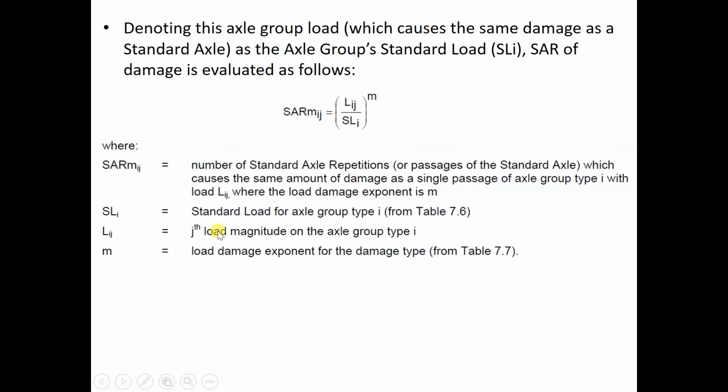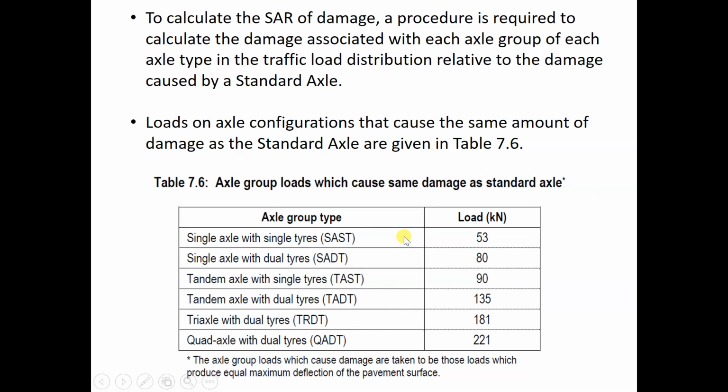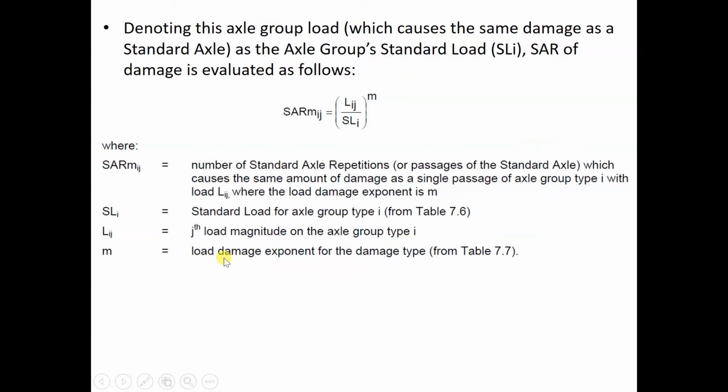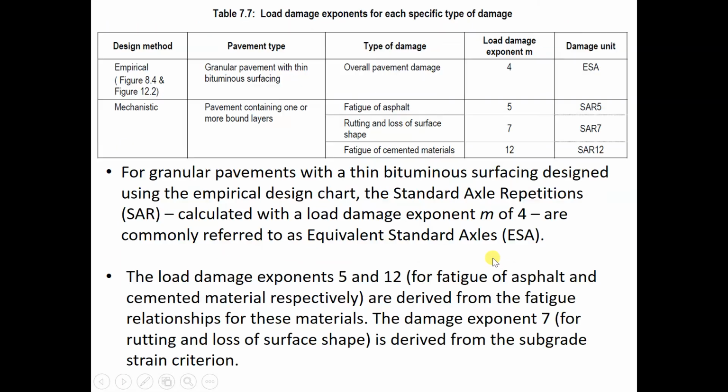L is the load magnitude of the axle group type I. And M is the load damage exponent from table 7.7.